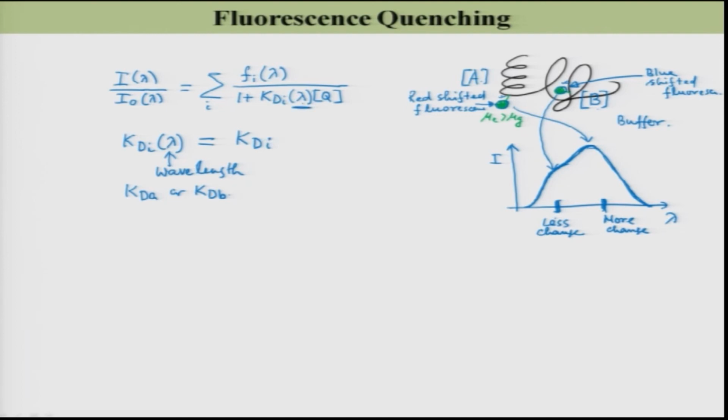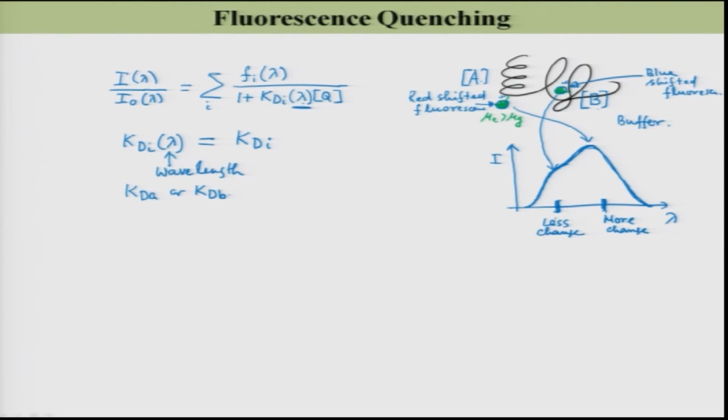It does not depend on the wavelength, because it is the Stern-Volmer quenching constant. It is the interaction between the fluorophore and the quencher, so where that molecule emits does not matter for it.